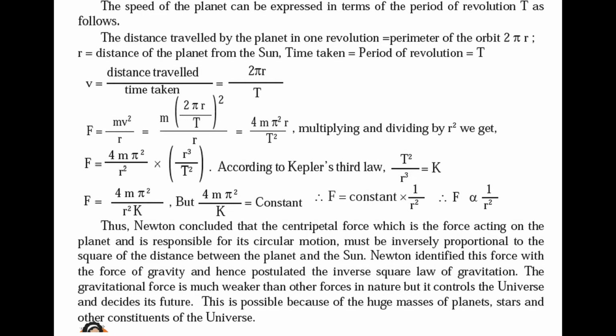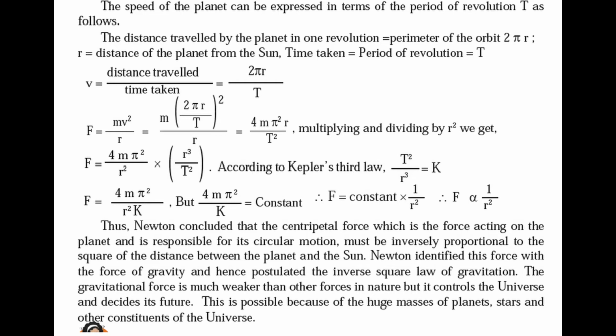Now multiplying and dividing by r square in both places, we get F is equal to 4 m pi square divided by r square times r cubed divided by T square. And according to Kepler's third law, T square divided by r cubed is equal to a constant. So putting this into this equation, we can say F is equal to 4 m pi square divided by r square times 1 over k.